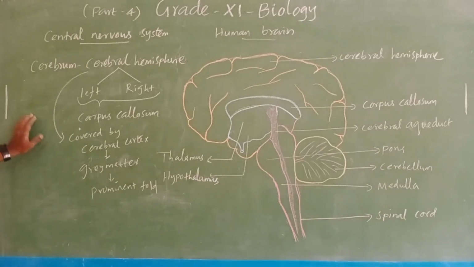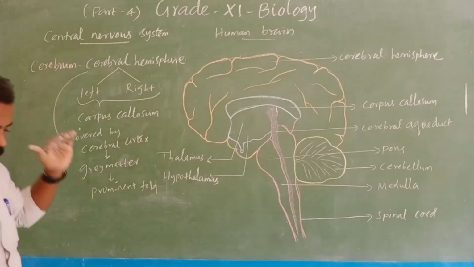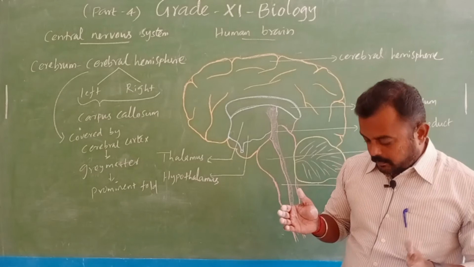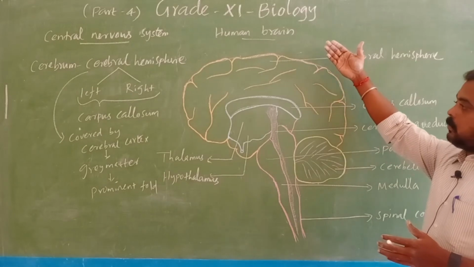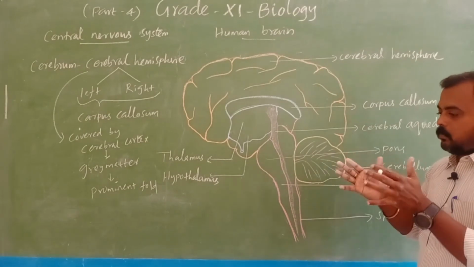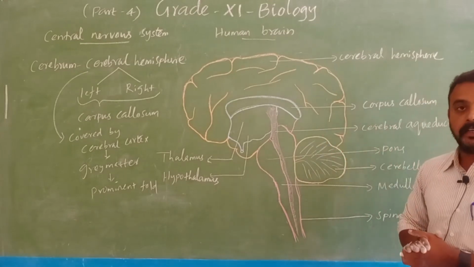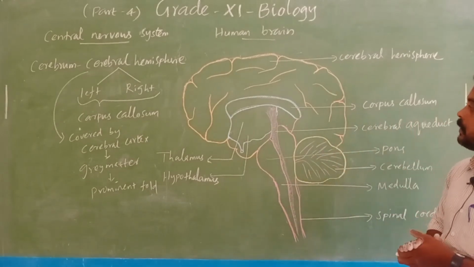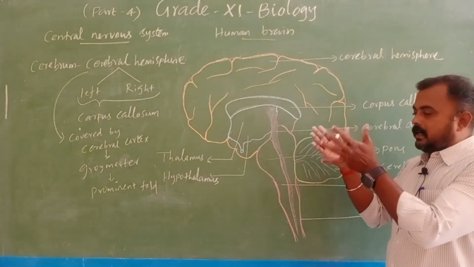So, cerebrum, first one. Here the brain is divided into two hemispheres: the right hemisphere and the left hemisphere. If you take one brain and cut it in the center, this is the view. This is the cerebrum, with the right hemisphere and left hemisphere.